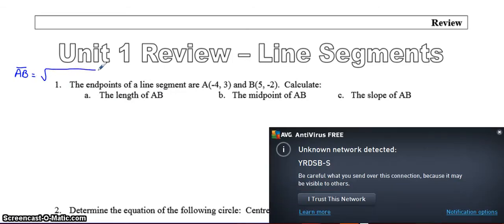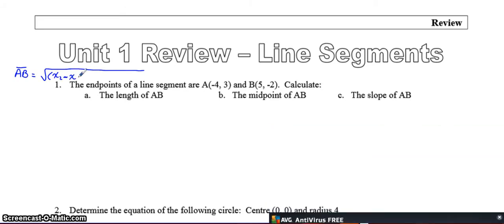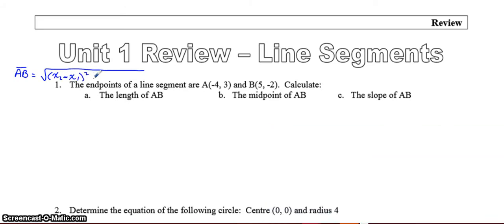So it's the square root of x2 minus x1 squared plus y2 minus y1 squared. So this would be x1, this would be y1, this would be x2, and this would be y2.